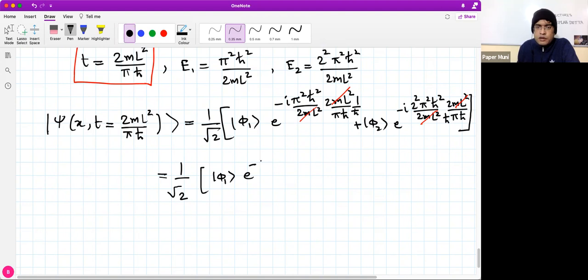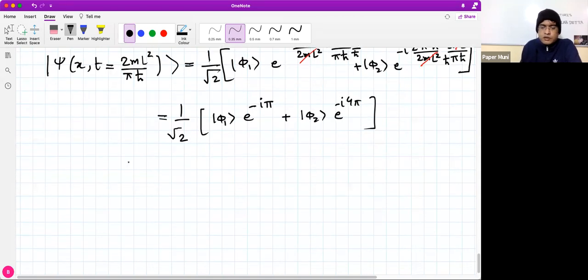Now this one is iπ. Okay, and the other term is this is ϕ2, and this is e to the power i. Now this is a minus sign here. Okay, this is what we get from this calculation. So we can write down, this is 1 by root 2, 1 by root 2, this is minus ϕ1 plus ϕ2.